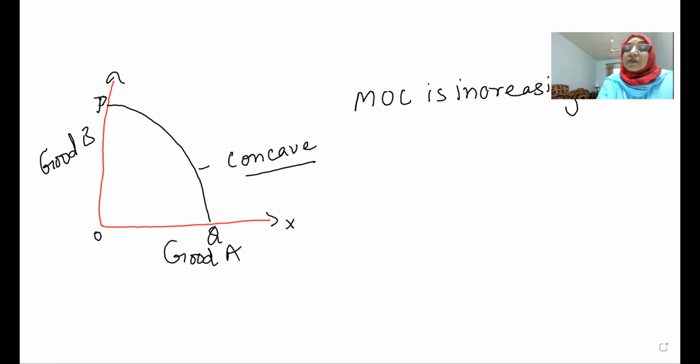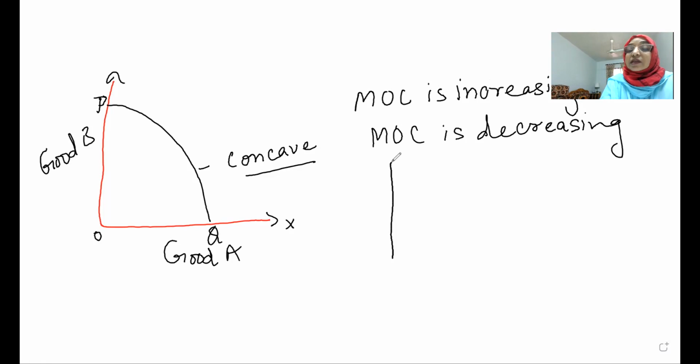If marginal opportunity cost is decreasing, the shape of PP curve will be like this, convex to the origin.